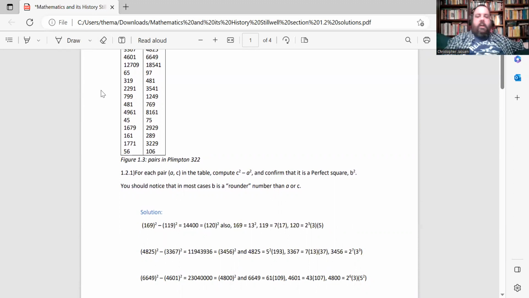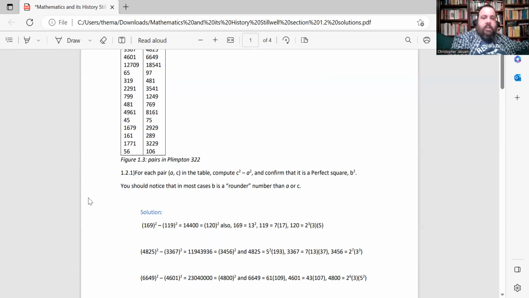In particular, the more a number is divisible by the base you use, the rounder it's considered, because the more zeros it has at the end. The Babylonians counted in base 60, so what he means by round is that a lot of these numbers are divisible by factors such as 60, 30, or 12. So that's what I did here.